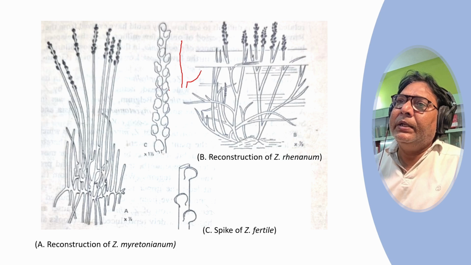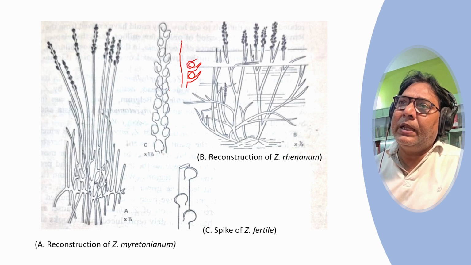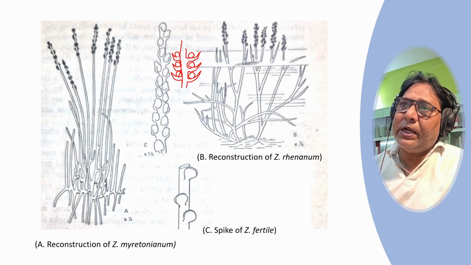Each of these has a sporophyll-like structure like this, then a sporangium, then again a sporophyll, then a sporangium, like this. This is the strobilus. On the other side also there will be a sporangium like this. So this is a longitudinal section I'm trying to show you.